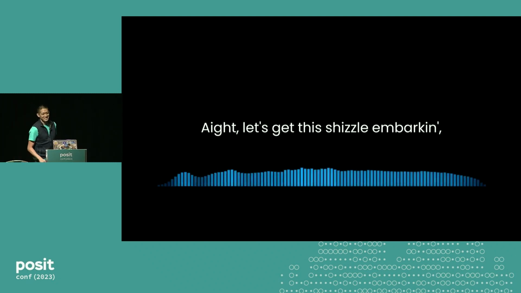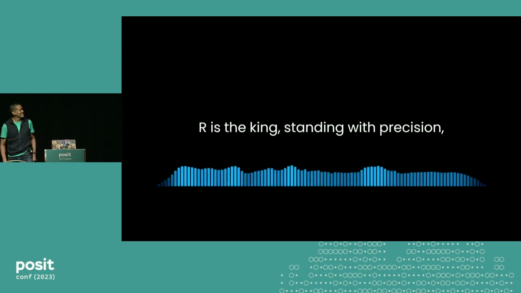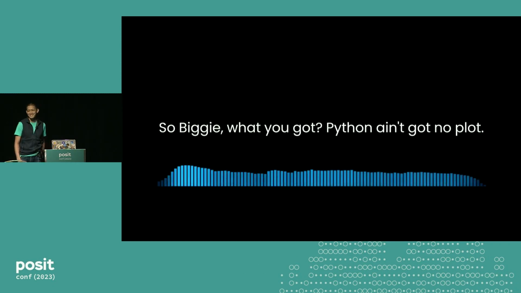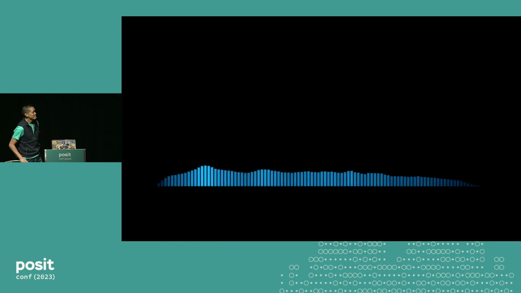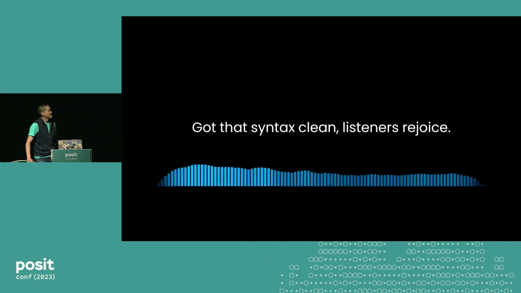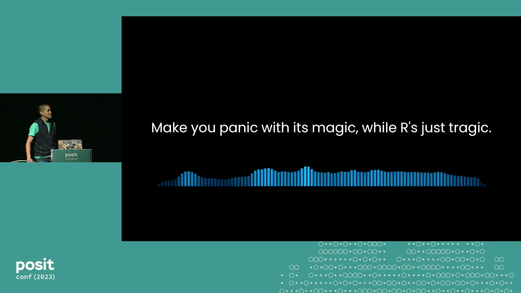Let's get this shizzle embarking. Snoop D-O-double-G with BT sparking. R is the king, standing with precision. Python tries hard but can't beat the vision. So Biggie, what you got? Python ain't got no plot. Biggest Smalls on the mic, Python's my choice. Got that syntax clean, listeners rejoice. R's too static, Python's automatic. Make you panic with its magic, while R's just tragic.